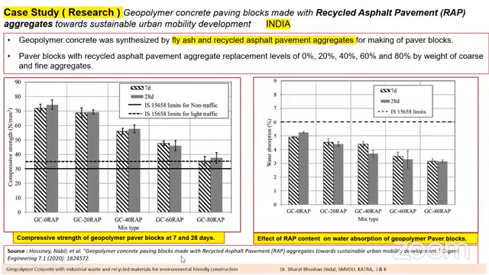Here I have taken two graphs. One is the compressive strength of geopolymer paver blocks at 7 and 28 days. You can find we have achieved compressive strength from 0 to nearly 75 MPa, for 7 days strength as well as 28 days strength.